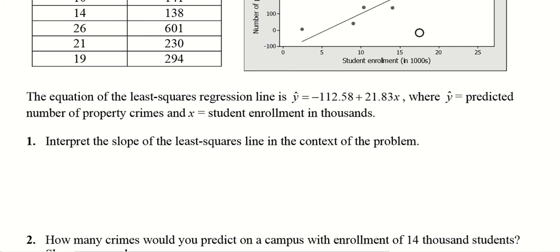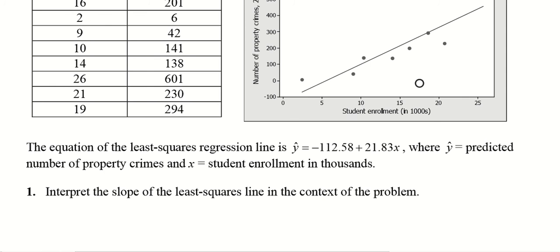When I say every single increase, you have to look at the title of your x-axis, your explanatory variable, and you have to think about it in single increments. Always. So what is a single increment for the x-axis? Well, a single increment in this context is for every 1,000 students that are enrolled at one of these particular schools.